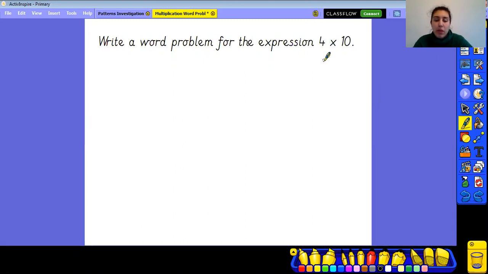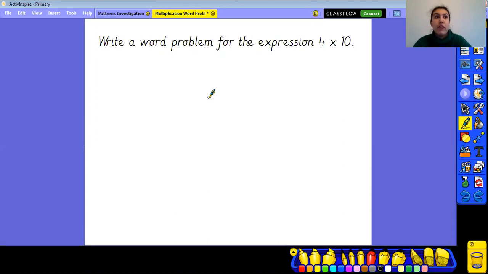So remember, this word problem could represent 4 groups of 10 or 4 10 times. So you need to create a situation where there's groups. So you might say, there are so many children in a team. So I could say there are 4 teams and each team has 10 children. How many children are there all together?